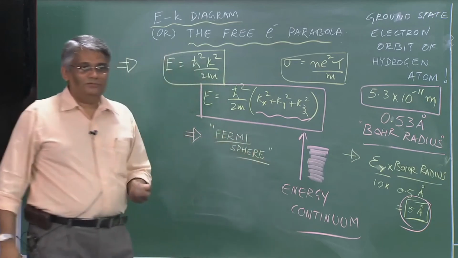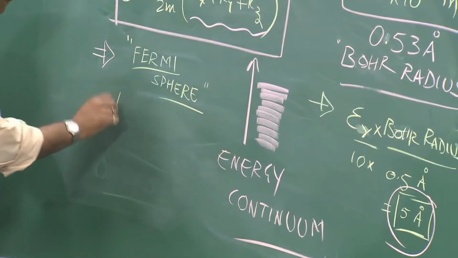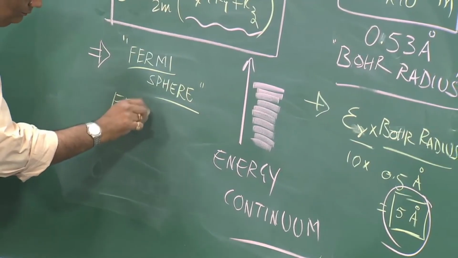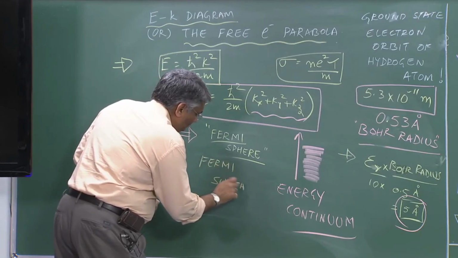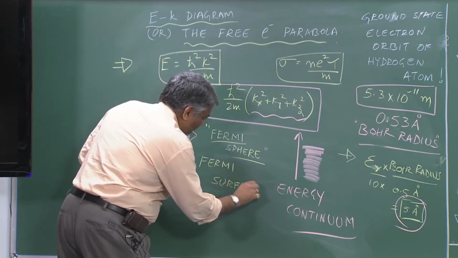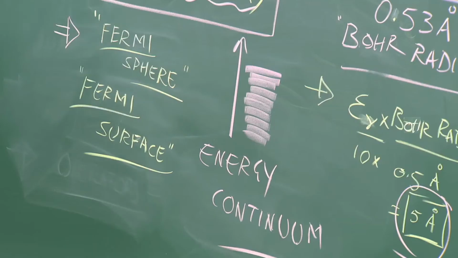The sphere is called the Fermi sphere. The surface of the sphere is called the Fermi surface. Very important role.